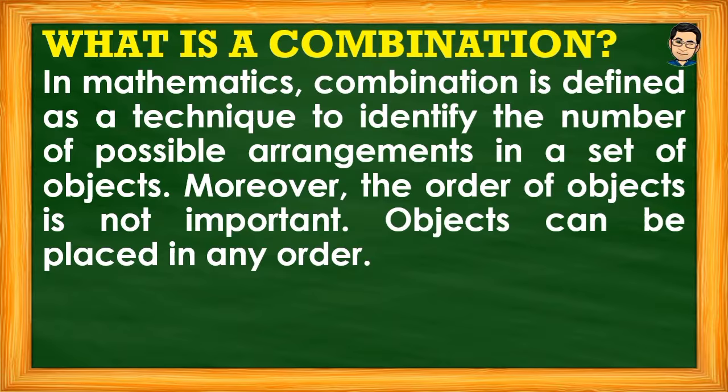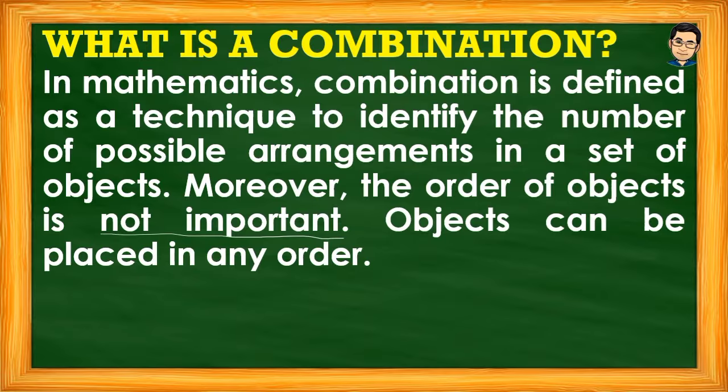Okay. So, based po dyan sa definition ng ating combination, the order of objects is not important. Ibig sabihin, hindi siya kagaya ng permutation na kung saan kailangan yung arrangement ng objects ay importante. So, ibig sabihin, we can place the objects in any order.